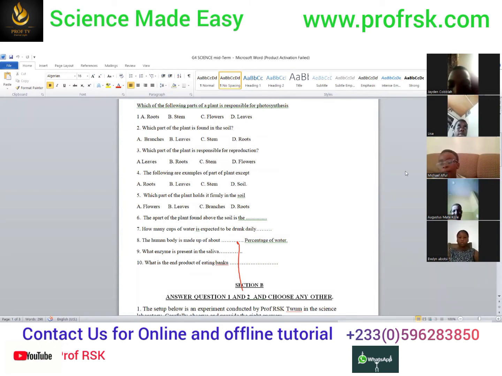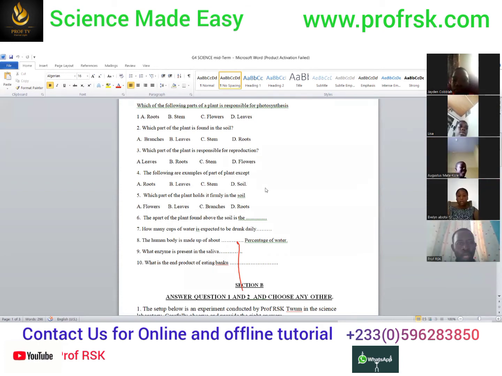Says soil. Soil. All right. So all those who chose soil, the answer is right. The following are examples of plant parts, except soil. Soil is not a part of a plant.